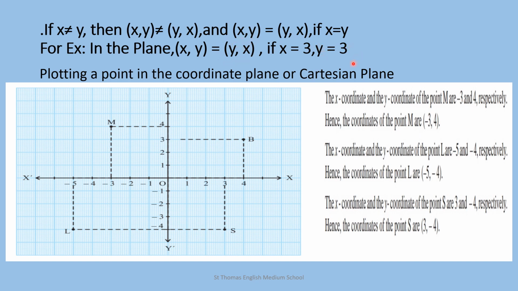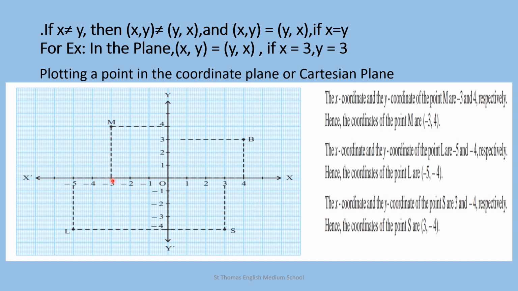Now we will see how to locate a point in the Cartesian plane. For us, the Cartesian plane is the graph paper. Now take a point M that is given in the Cartesian plane. You have to write the coordinates of M. To get the coordinates, you draw a perpendicular to the x-axis.